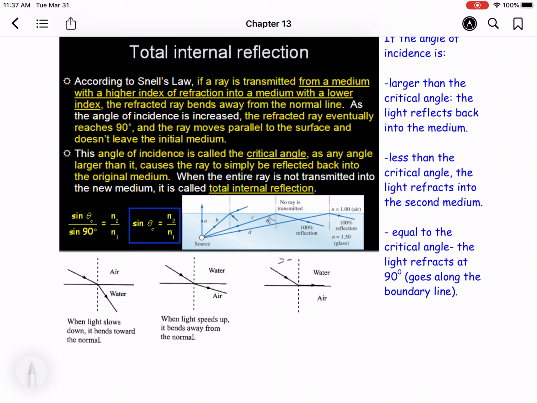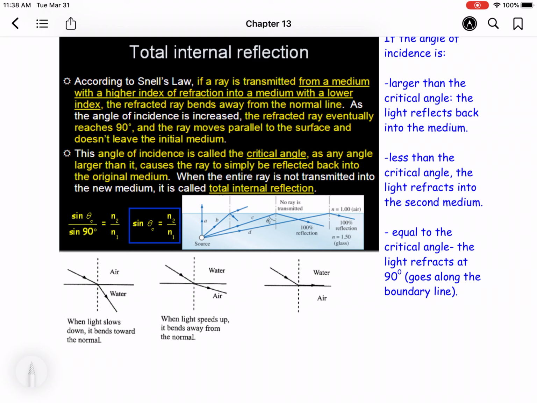Anything less than that angle is going to end up in a refraction, so you have to know the difference. The critical angle is what will give us this 90. Larger than the critical angle, the light reflects back into the medium. Less than the critical angle, the light refracts. So reflects versus refracts are important there. If it is equal to the critical angle, the light is basically going to go along the boundary line.